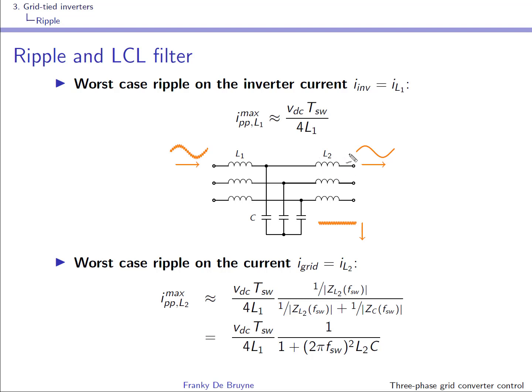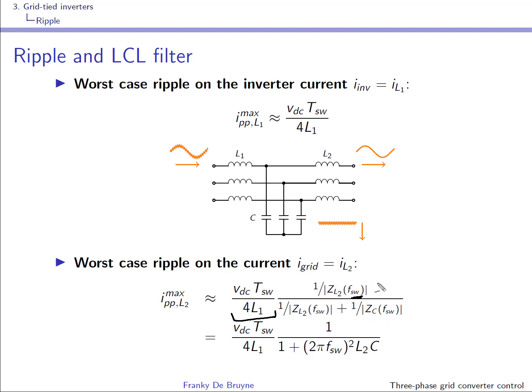So the admittance, which is the inverse of the impedance, is very small over here, and you can actually compute the ripple that you have on the current E grid, which is the current that goes to the second inductor. You have to work of course at the switching frequency, and then you take the original ripple that you had at the input and you have to use the formula of a current divider.